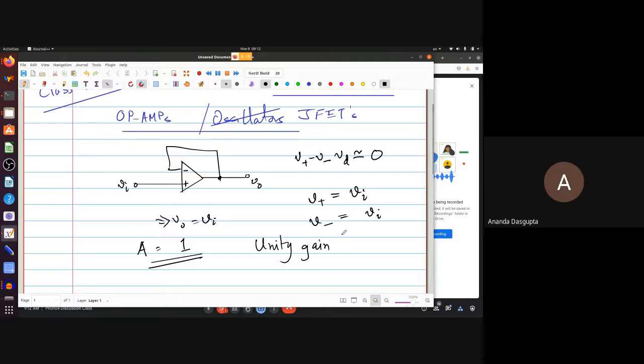So this is why it's called unity gain. That part is easy to understand. The buffer, the rest of the nomenclature, that's exactly why we use it as a buffer. So we are going to understand what a buffer is. But let me just remind you before that, if you had a resistance here, for example, would the resistance have made a difference?